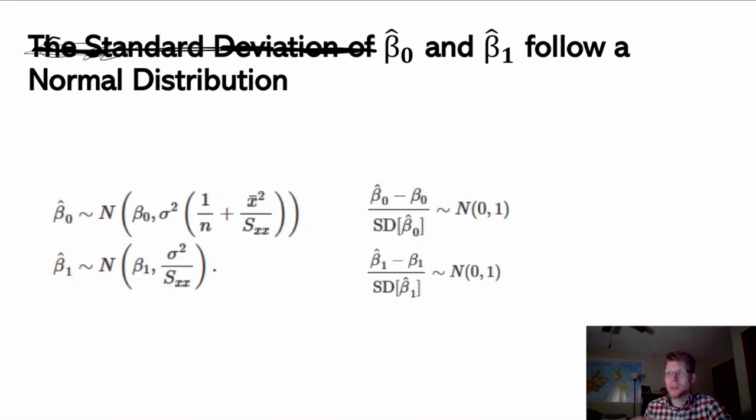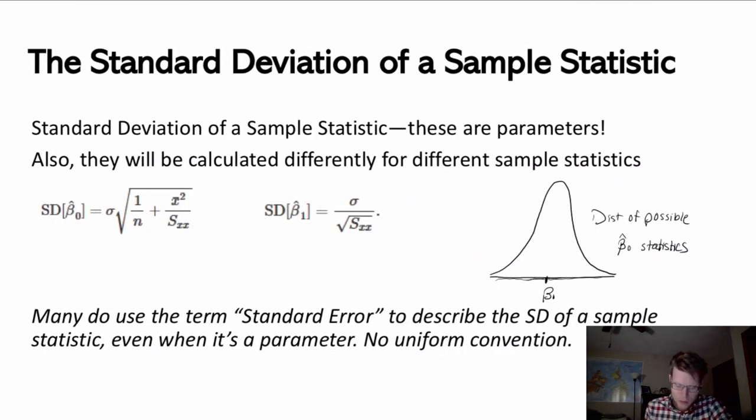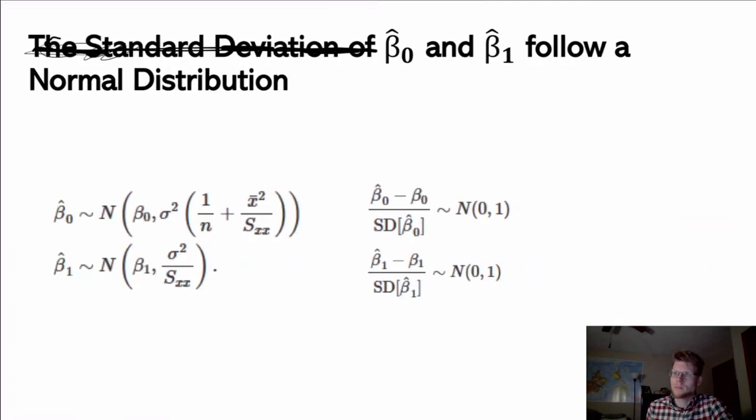They should be centered around the parameters they're trying to estimate. And then we can represent the variance of each as just a squared version of these parameters that we saw earlier. So beta hat naught, beta hat 1 are like random variables. They're normally distributed. They have a mean around the parameters they estimate. They have a variance of this term right here.